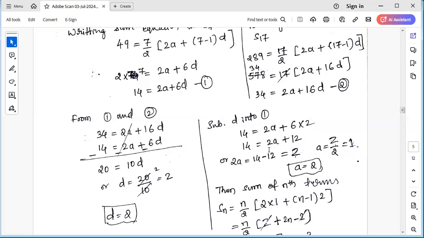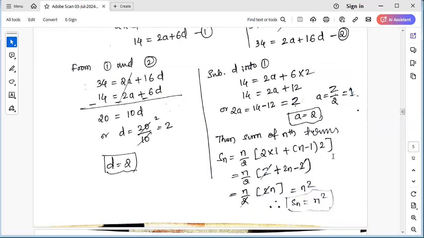You take this 12 to the LHS. So 14 minus 12 is 2. That means 2a is equal to 2. Or a is equal to 2 by 2. This is 1. Here it is wrongly written as 2. It is not 2. It is a is equal to 1.